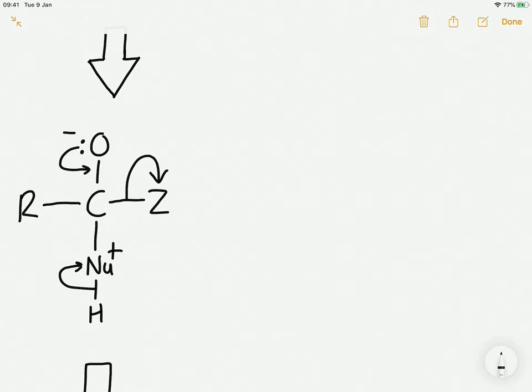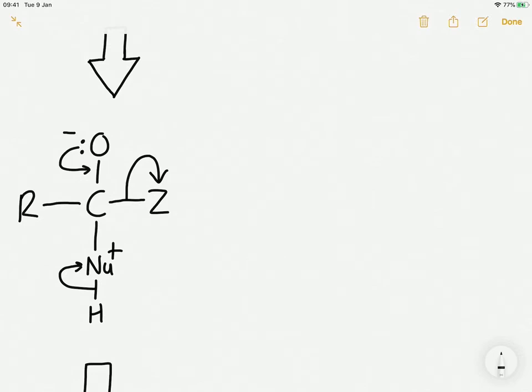Effectively, the nucleophile is going to get its lone pair back, which means that the hydrogen is going to be leaving too, but it's leaving with nothing, and that makes a difference to the byproducts. So those are your three curly arrows. Again, the idea will be the same each time. No matter what the nucleophile is and no matter what Z is, it'll be very similar.